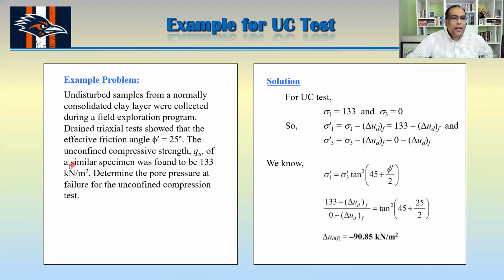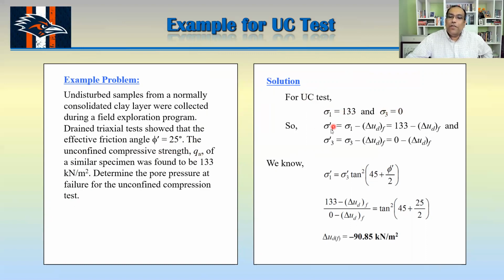A similar specimen, compressive strength, oh, that's actually not shear strength, it's compressive strength, 133. Shear strength is half of that. So compressive strength is 133, your sigma 3 equals 0.